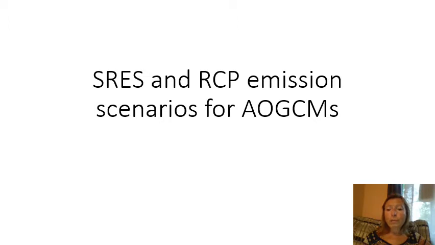So far, we have learned how climate models help us to understand how the climate system is responding or would respond to concentrations of greenhouse gases, and we can prescribe different concentrations and ask the model what will be the response.